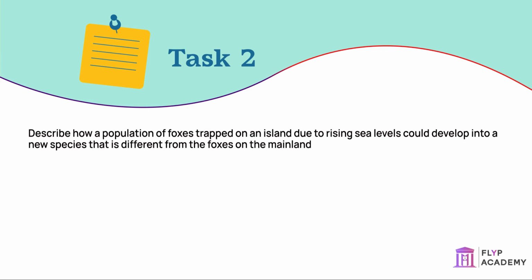Through natural selection, those individuals with the favourable characteristics will pass on their characteristics, and over many generations, a new species may arise. Those with the desirable characteristics are more likely to survive and breed, passing on their genes.